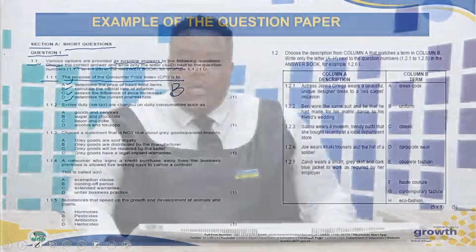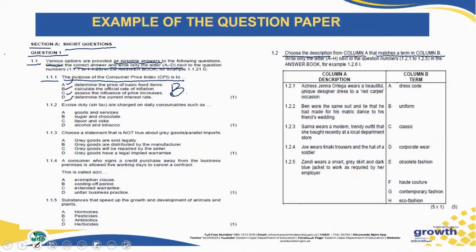1.1.20. In 1.2, grade 12s, you are going to choose the description from column A that matches the term in column B. And also here, you will have to write only the letter next to the question numbers.